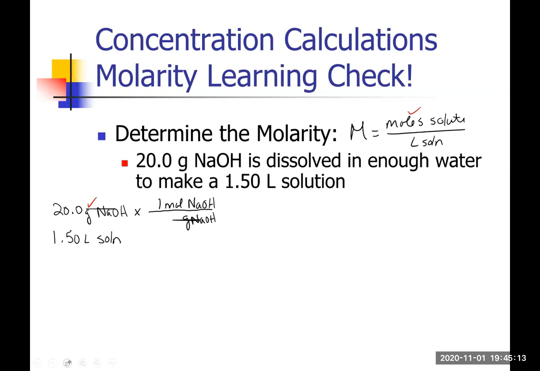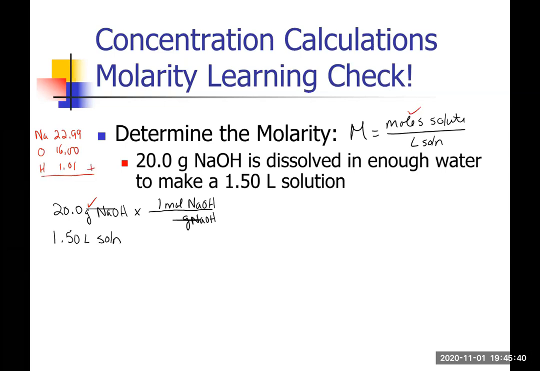And I can do this calculation off to the side. So I know that sodium is 22.99 atomic mass units, and I know that oxygen is 16.00 atomic mass units, and I know that hydrogen is 1.01 atomic mass units.